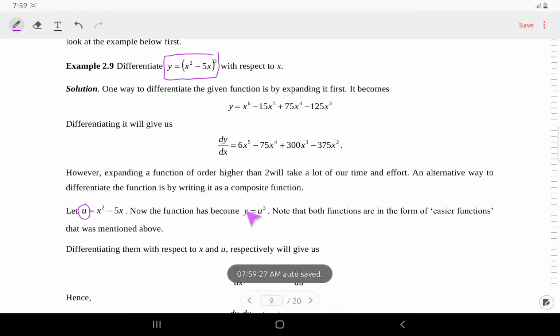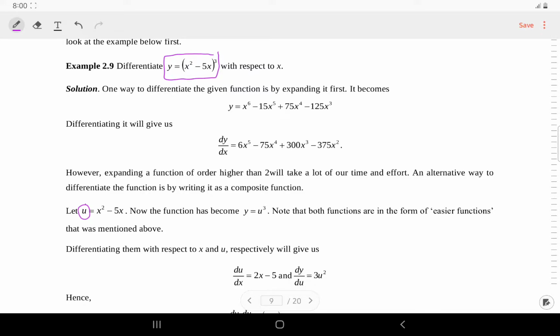So this function will become y equal to u power of 3, which is easier for you to differentiate. This is our aim when we perform chain rule: we want to change this function into the simplest form. Only after that we can differentiate it easily.